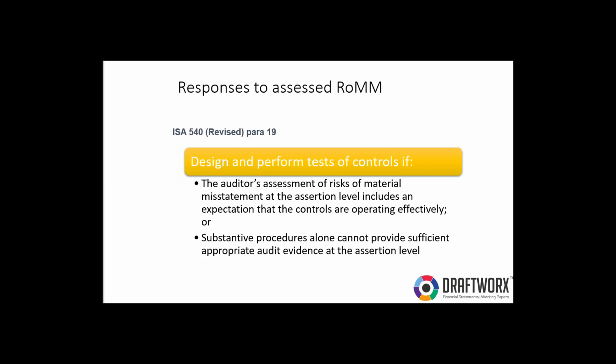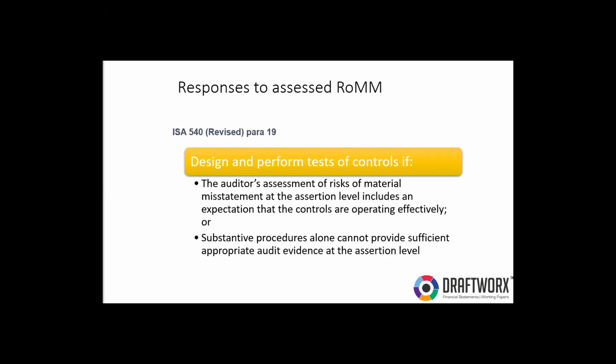But what other circumstance? The same principle from ISA 315 pulls through here, that there may sometimes be circumstances where substantive procedures alone simply cannot provide sufficient appropriate audit evidence at assertion level on its own.